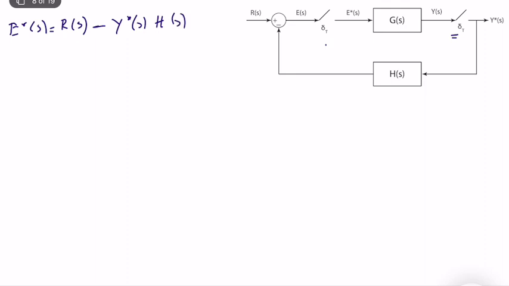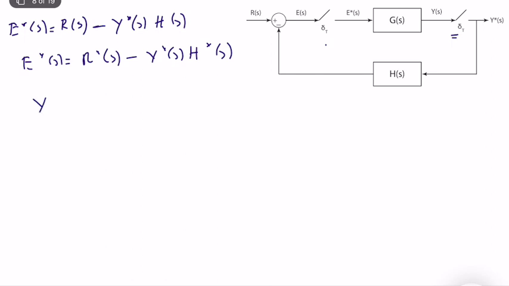So I want to take the star of both sides. E star of s is equal to R star of s minus Y star of s H star of s. So everything is star, there's no problem.